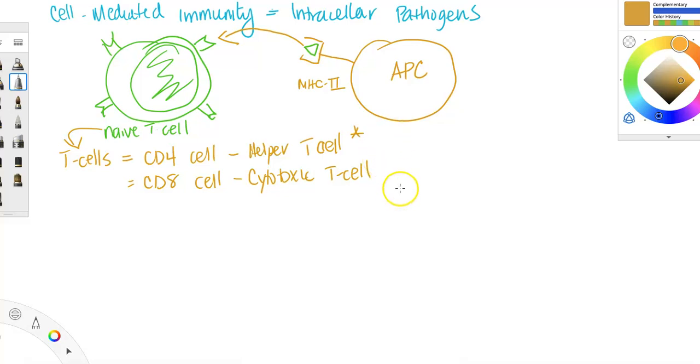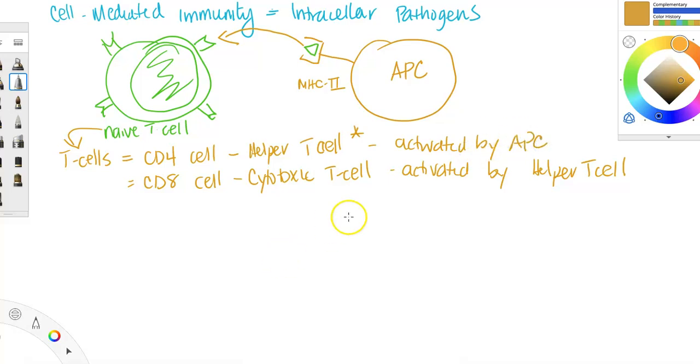Okay, so the CD8 cell is going to be activated by a helper T cell. The helper T cell is activated by the presenting cell.